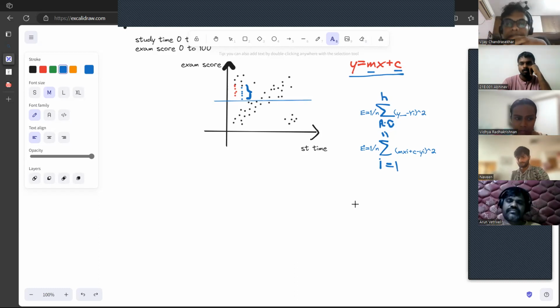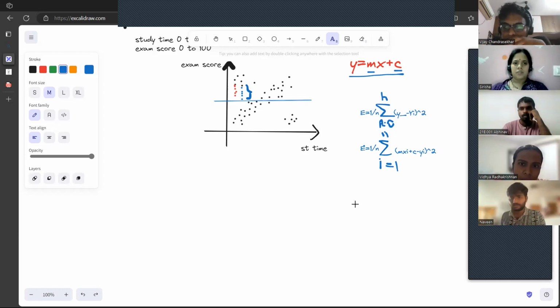Is n a variable in this equation? n is 40. So n is fixed, xi is fixed, yi is also fixed. They run from 1 to 40 if there are 40 data points.